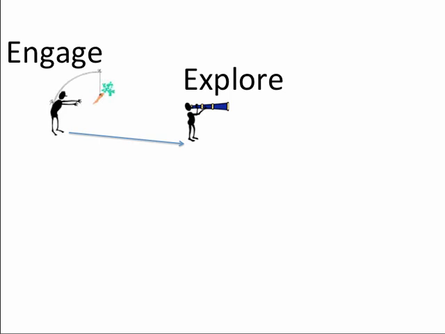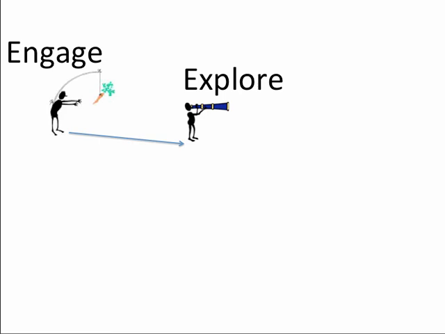Let's look at these phases in a bit more detail. A quick introductory look. Engage is where you create the yearn to learn. So you dangle the carrot of excitement and fun and relevant learning in front of your learner. In the explore phase, you provide opportunities for the learner to find answers to questions posed during the engage phase.